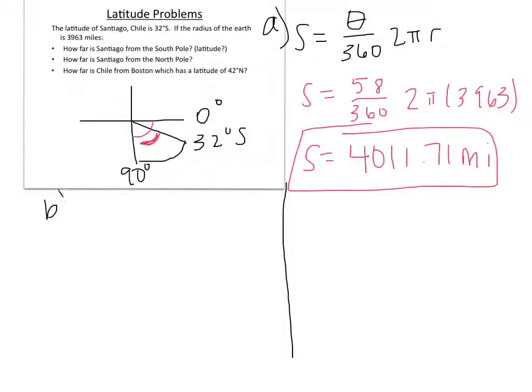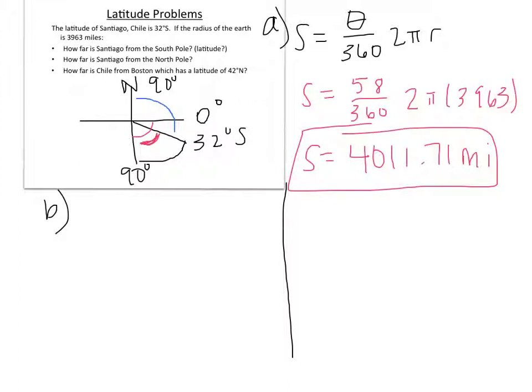For part B, it's saying how far is Santiago from the North Pole? Well, if we look at that same picture, this is the North Pole up here. It's another 90 degrees. So to get from, and I'll do this one in blue, see if we can see the overlap, we want to go from Santiago all the way to the North Pole. So what I'm really doing is taking these 32 degrees in here and adding it to these 90 degrees.